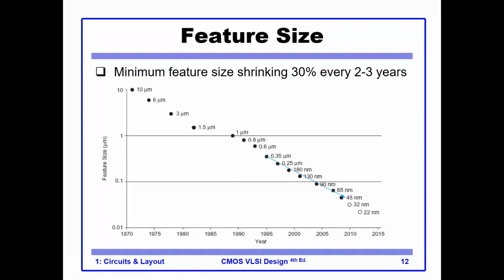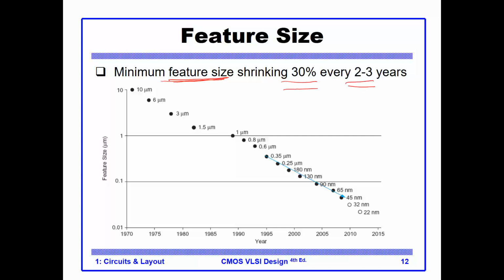Now, one of the things that enables us to integrate more and more transistors is the ability to shrink feature size, meaning the size of a transistor is shrinking 30% every 2 to 3 years.